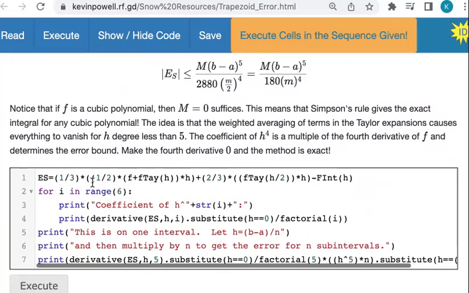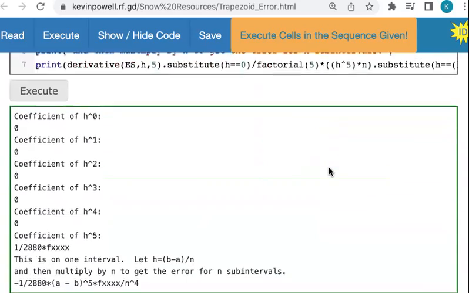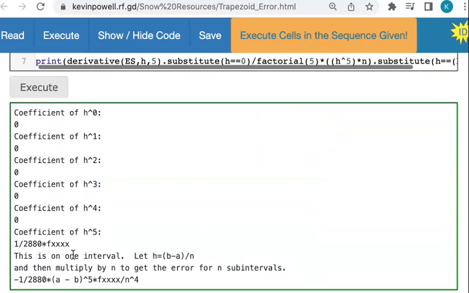Okay, so Simpson's rule is simply a weighting of the two other rules, and so it's easy to get this Taylor series if we just think of the weighting that way. So we take 1/3 of the trapezoid rule. That's what this is. Plus, we get that Taylor series plus 2/3 of the midpoint rule series, and subtract that off. We end up getting a nice series for this error, and we look at the lowest non-zero term here, and that's it.